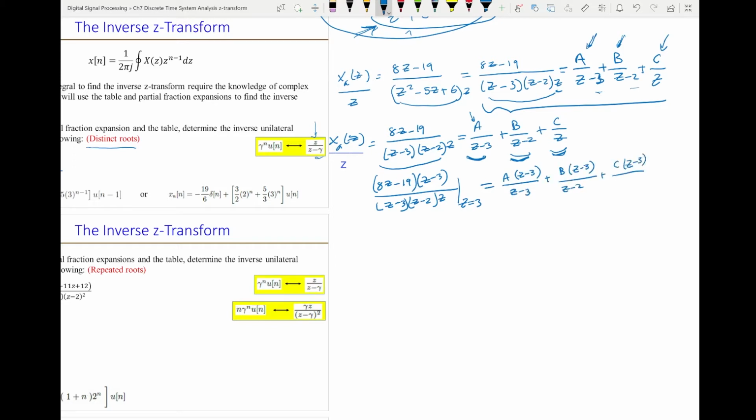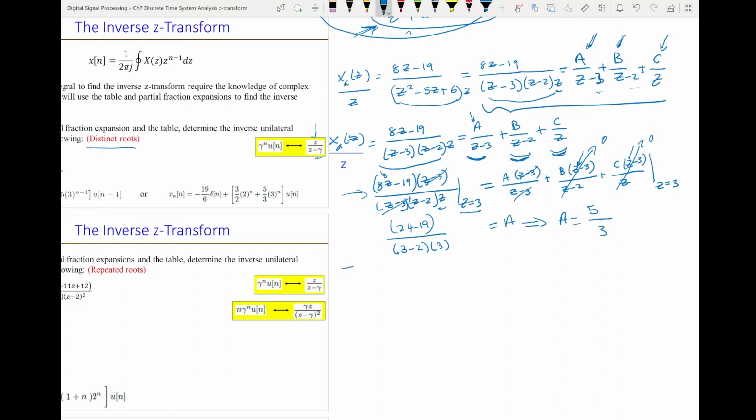When I plug in z equal 3, this will be 0. This will cancel this, so I have A by itself here. Now this will cancel this. And now I'm going to plug in z equal 3 in these terms. So then 8 times 3, that will be 24 minus 19 divided by 3 minus 2 times 3. And that's equal A. So from here, A equal 5 over 3.